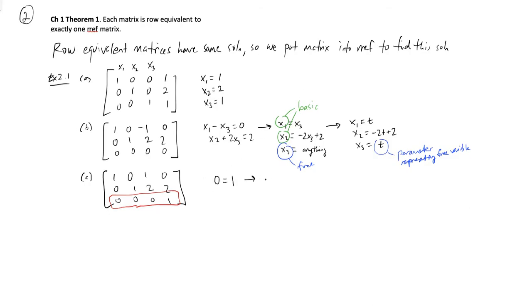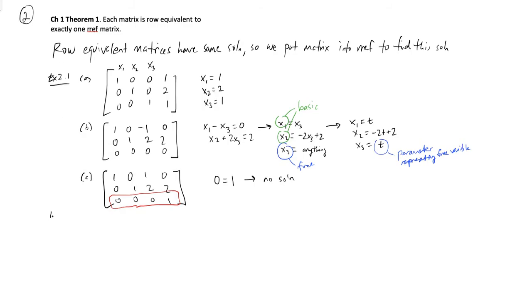So what this means is that there's no solution to this system. So if we get a reduced echelon form matrix that has a bunch of zeros and then a non-zero number, we know that the system that this is representing has no solution.